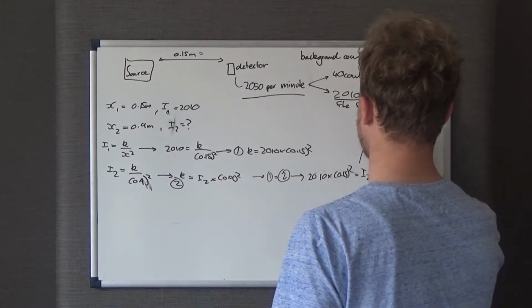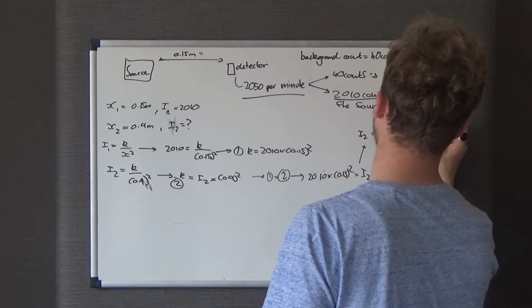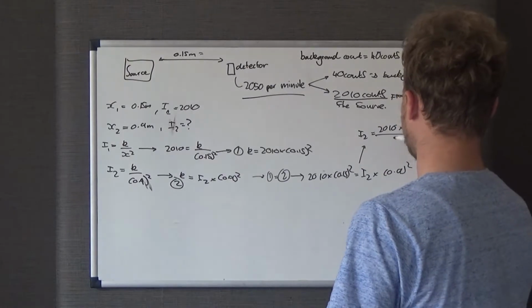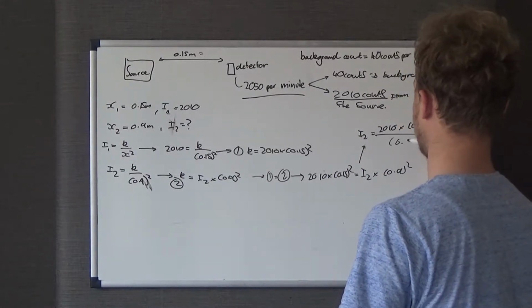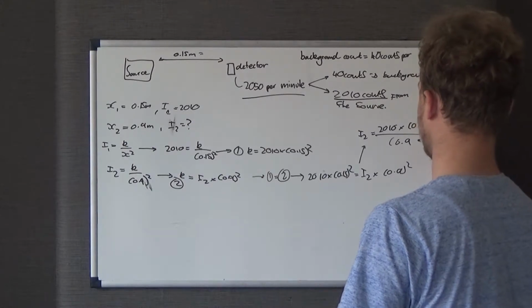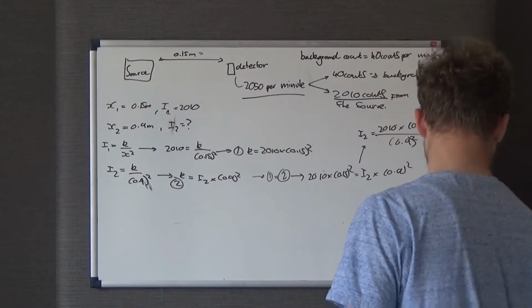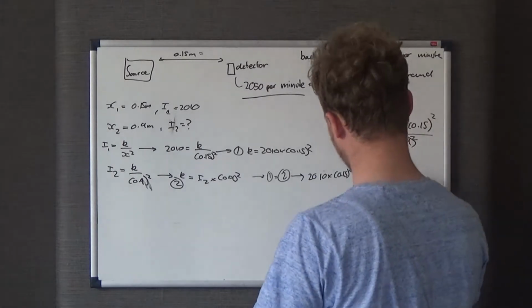So I2 is equal to 2010 times 0.15 squared, over 0.9 squared. Okay, so that will give you a figure for I2, which should be 56 counts per minute.